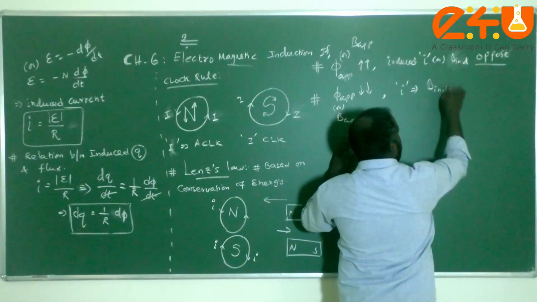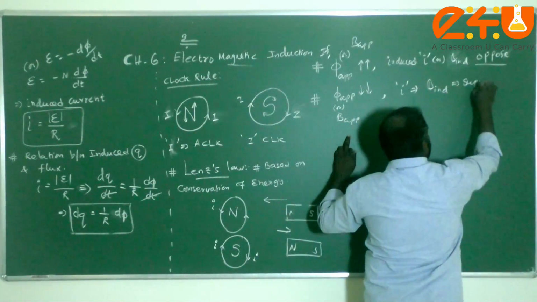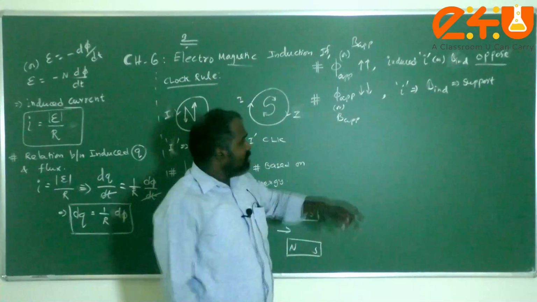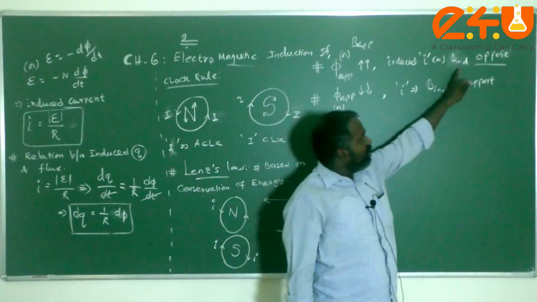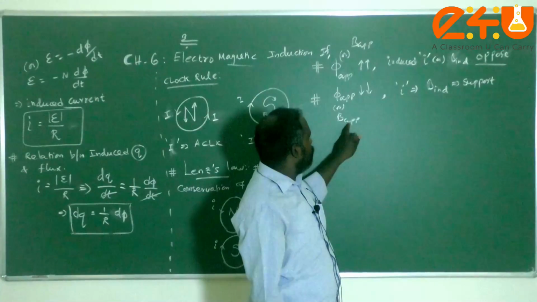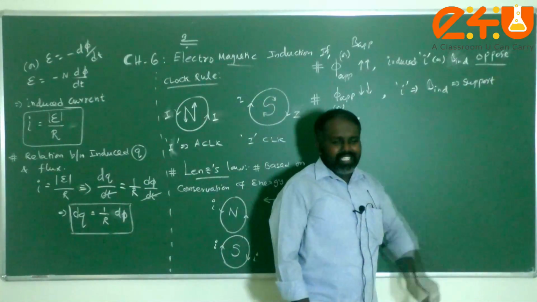Therefore, B induced will support it. B induced will be what, children? Support. Oppose means the applied field and the induced field are in opposite directions. Support means the induced field and the applied field are in the same direction.